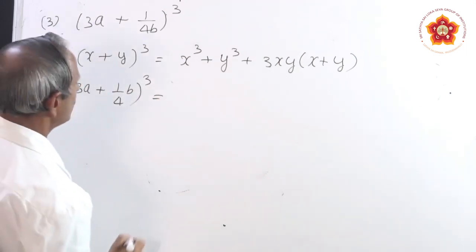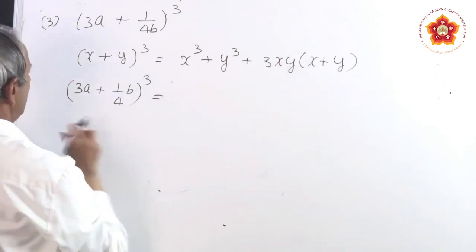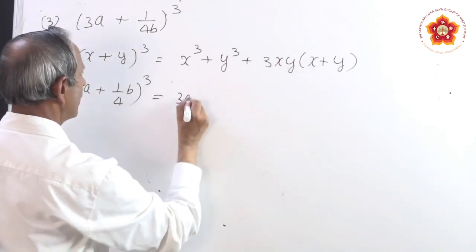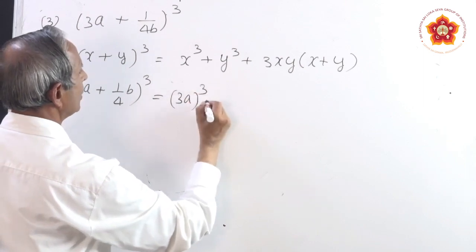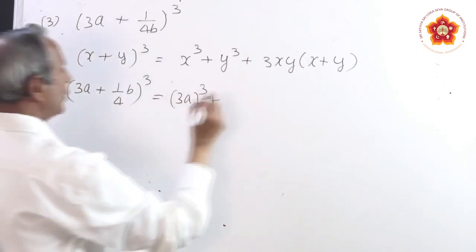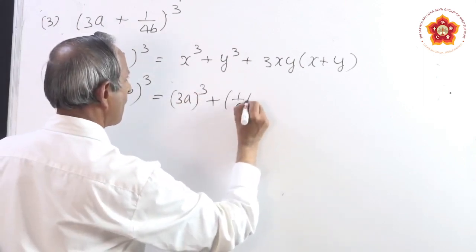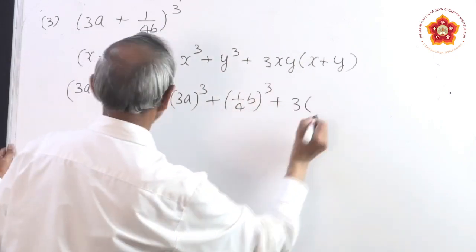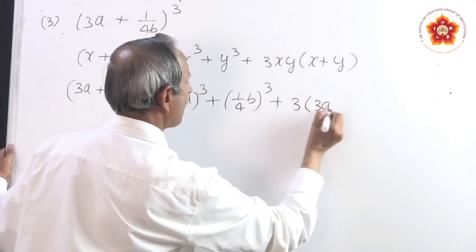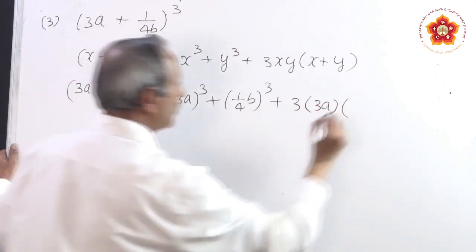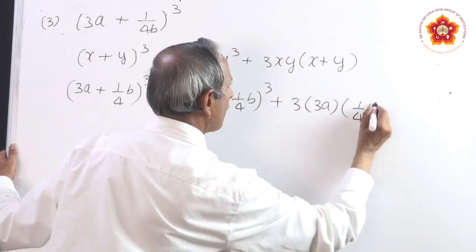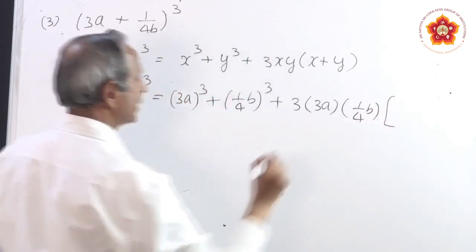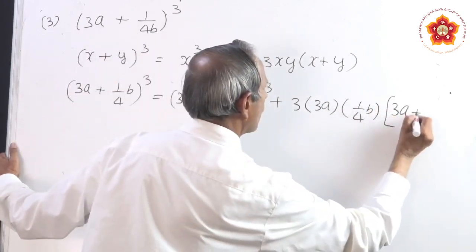Now substitute the values of x and y in this formula. x is 3a, then you will get 3a whole cube plus y value is 1 by 4 b whole cube plus 3 into x value 3a, y value 1 by 4 b, into a plus b, that is 3a plus 1 by 4 b.